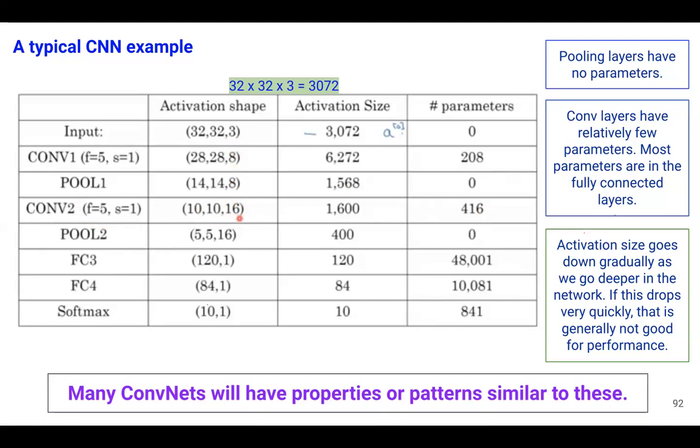Yeah, that's right. But when we enter this flattened stage, why are the parameters around 50,000? Oh, this is a deep neural network kind of layer, and the way I computed the number of parameters for a conv layer does not apply here anymore. Here it will be an NL times NL minus 1 dimensional matrix. This is a completely different kind of computation, which was discussed in the DNN lecture on the first day. This has to be 400 size.